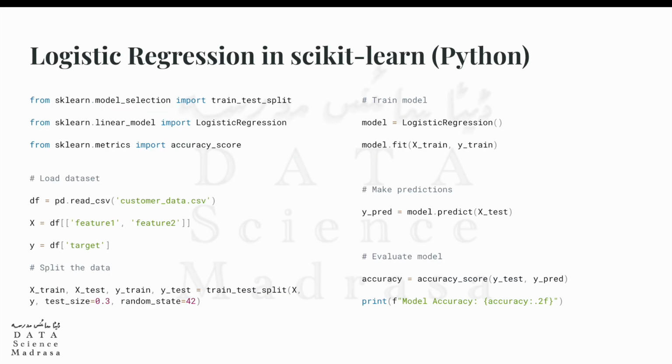So here, logistic regression, we see we're using scikit-learn, which is the foundation library in Python, which provides us most, if not all, of the machine learning algorithms. We say from sklearn, especially from sklearn.model_selection, we'll import train_test_split, so we can split our data set into train and test.